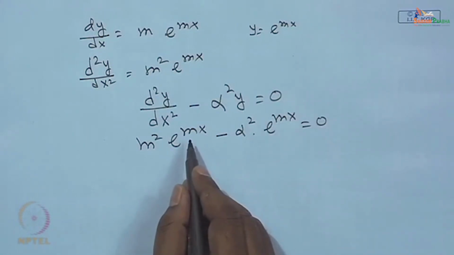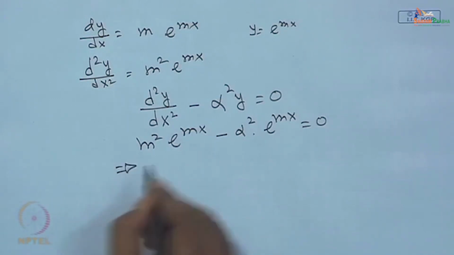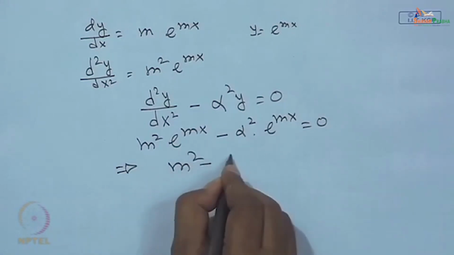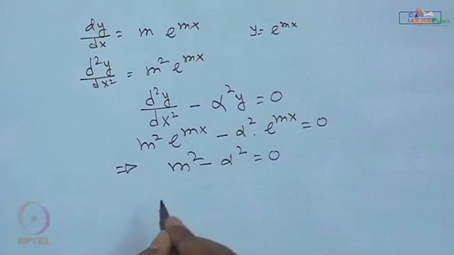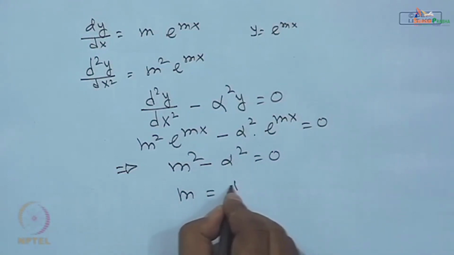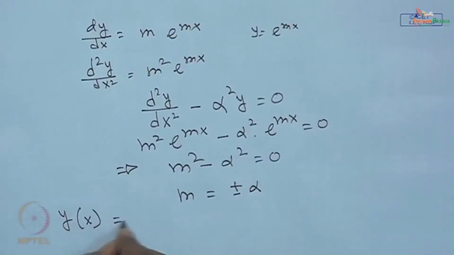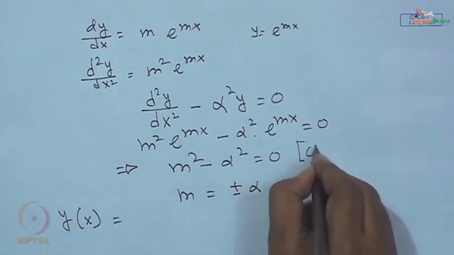Now, e to the power m x is never 0, it is always positive. So, m square minus alpha square is equal to 0, and m will have the solution plus minus alpha. This is known as the characteristic equation.